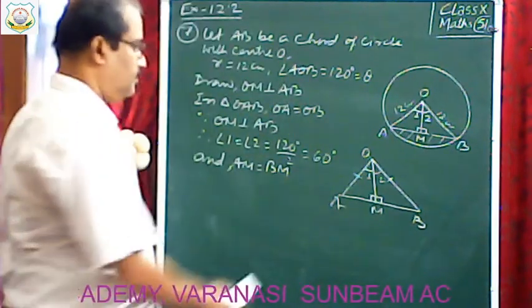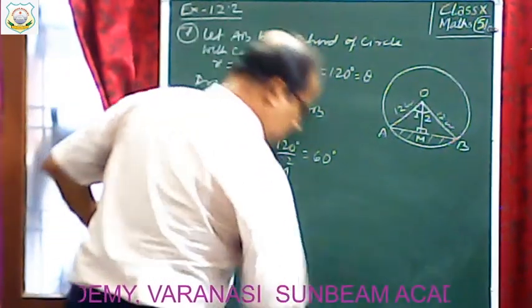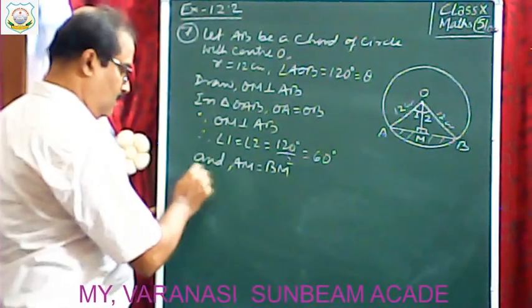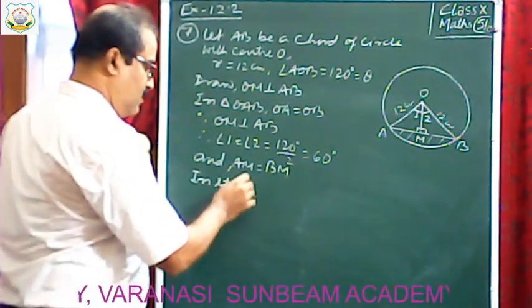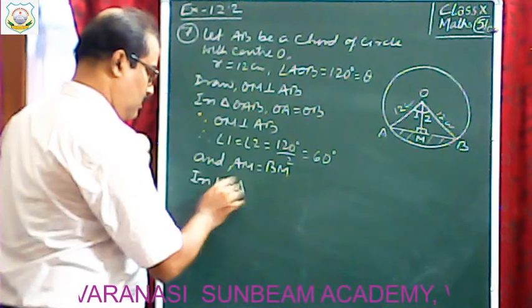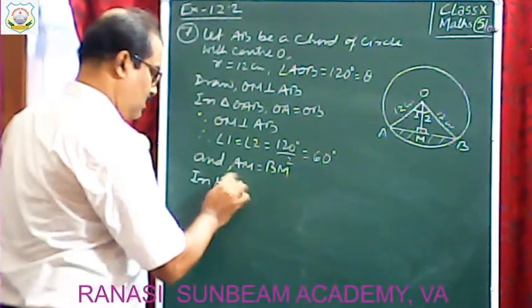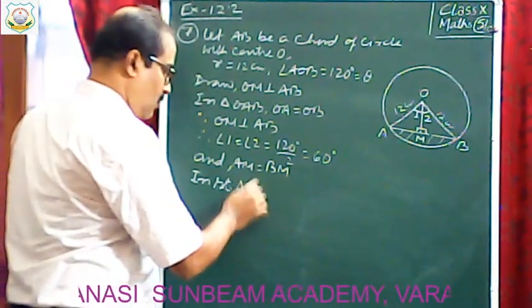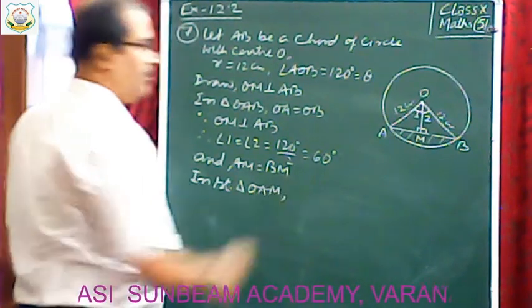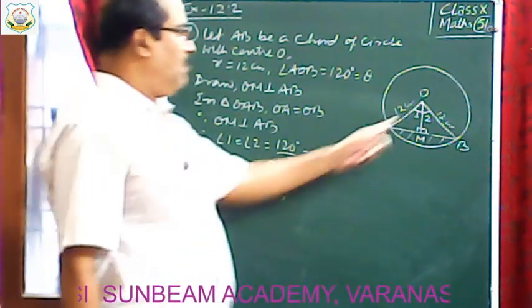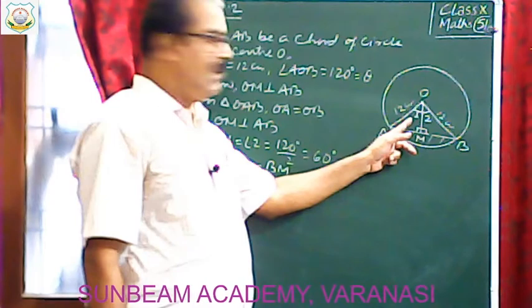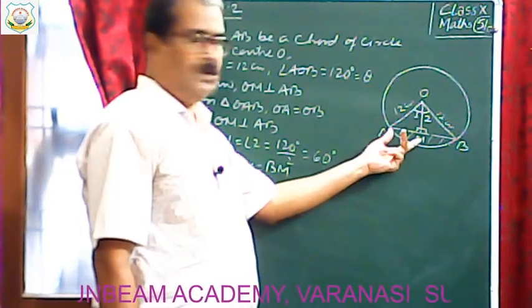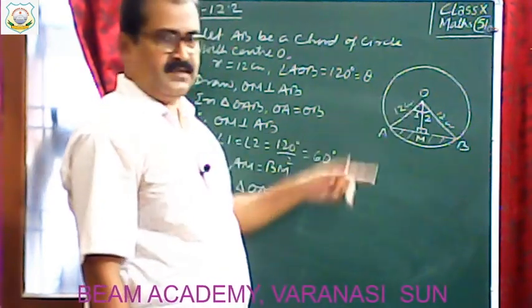So in right triangle OAM, angle 1 we know. With respect to angle 1, AM is perpendicular and OM is base.